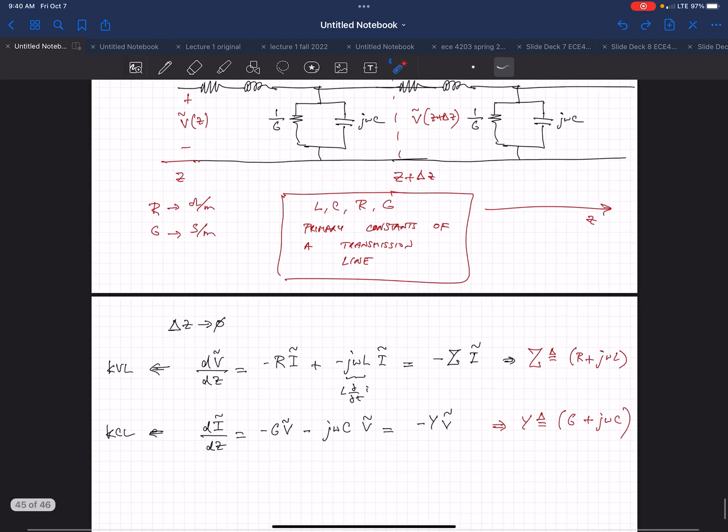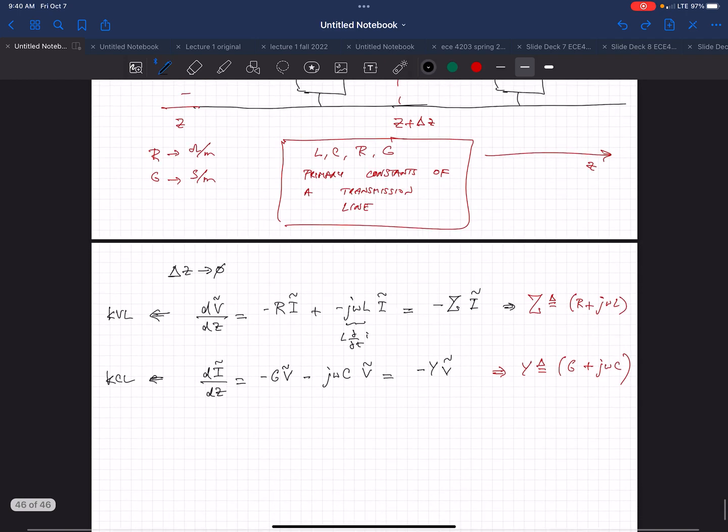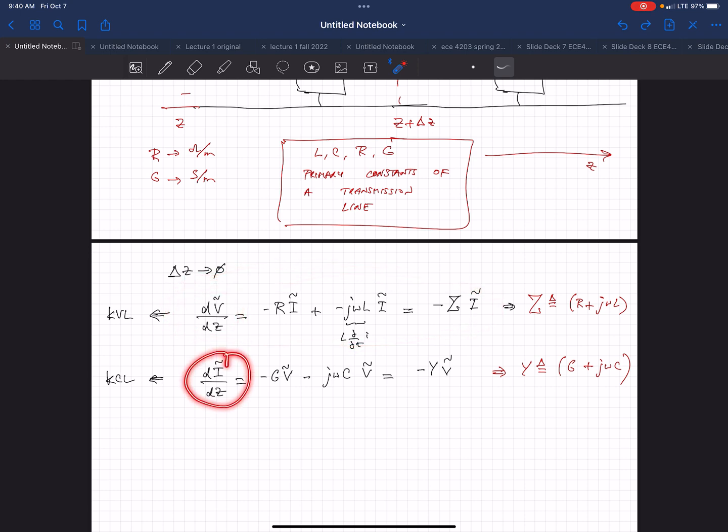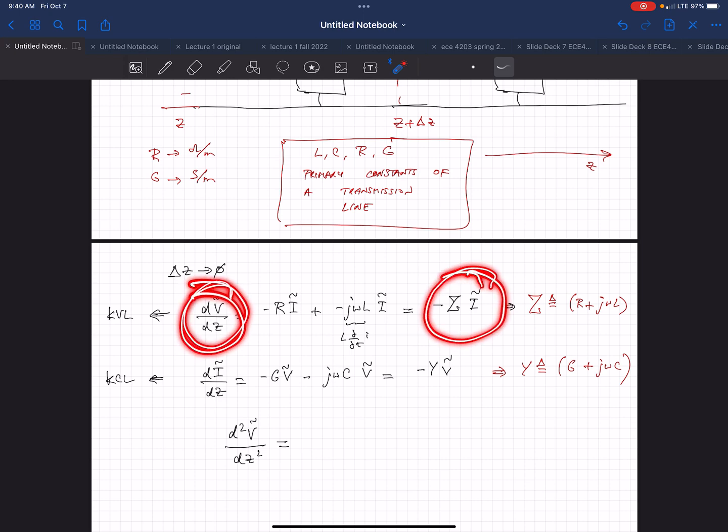You guys probably don't remember this, but we did this for the LC transmission line: I took the second derivative of this dV dz and then plugged in dI dz. I'm going to do the same thing. So basically, the second derivative with respect to z.